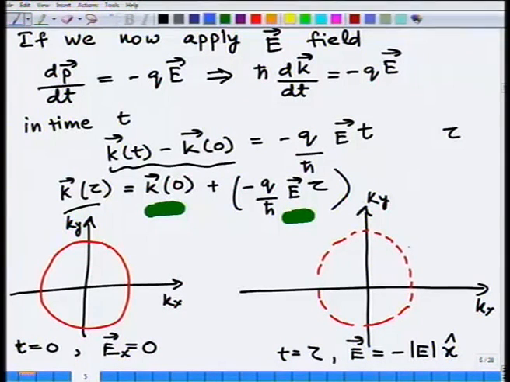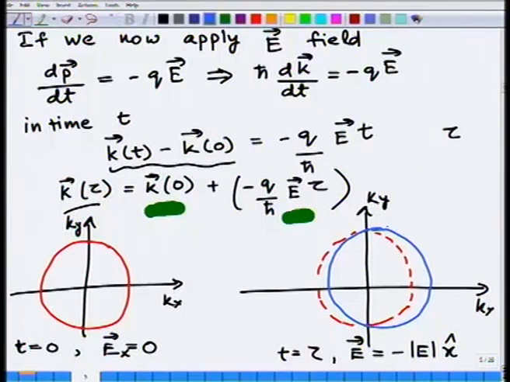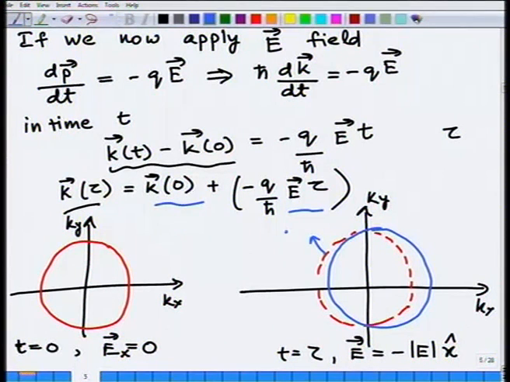After shifting, the whole thing has its center shifted to here. This was at t equal to 0 and this is at t equal to tau.